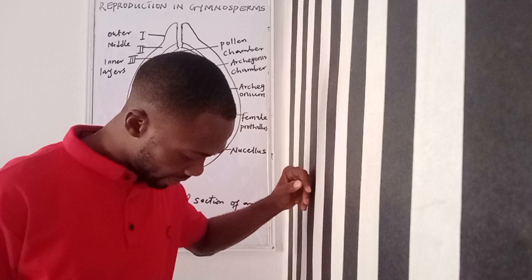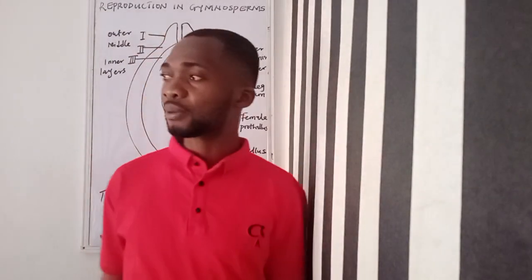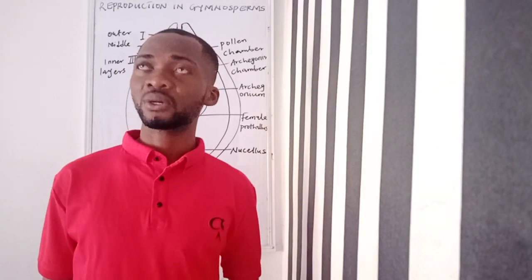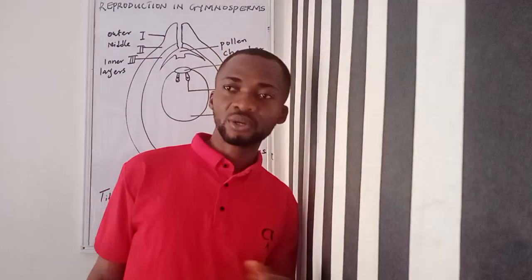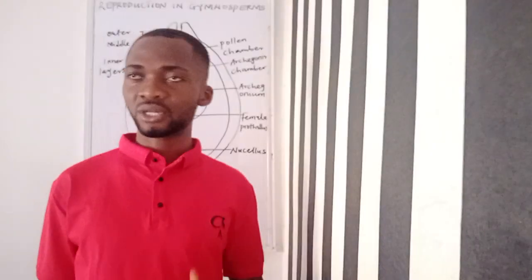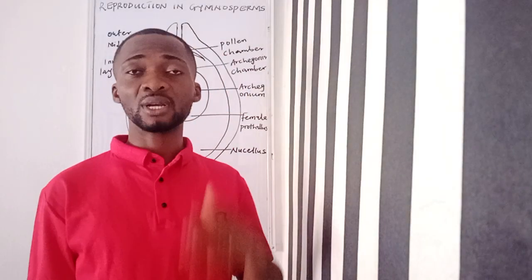We talked about the characteristics of this group of organisms known as the gymnosperm, and we also looked at the classification. We talked about the Gnetopsida, Coniferopsida, Cycadopsida, and the different orders were mentioned.